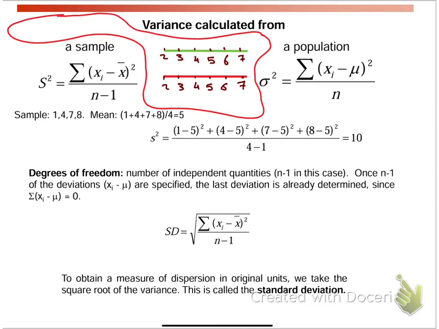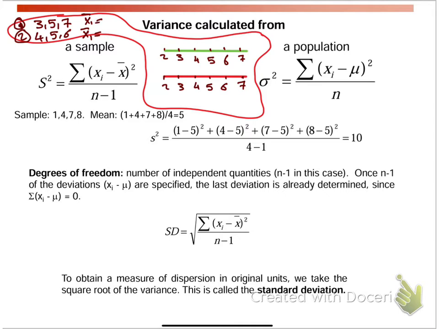The two sets of data will be 3, 5, and 7, and the other set will be 4, 5, and 6. If we want to get the mean or the average of the first set and the second set, here x bar for the first one and x bar for the second one.